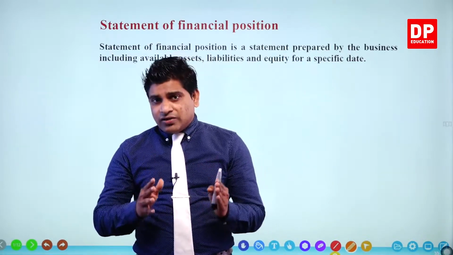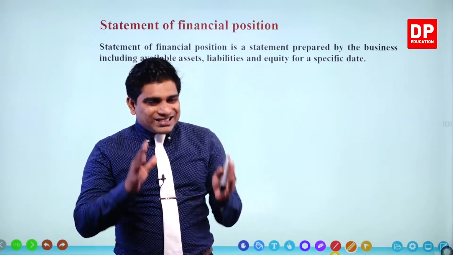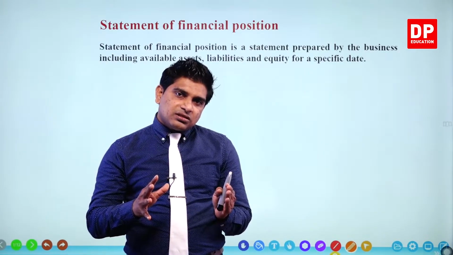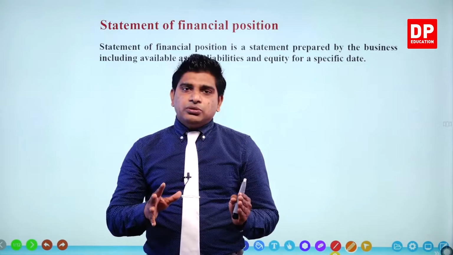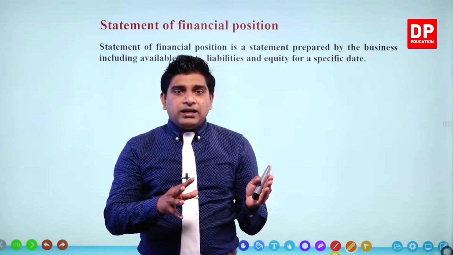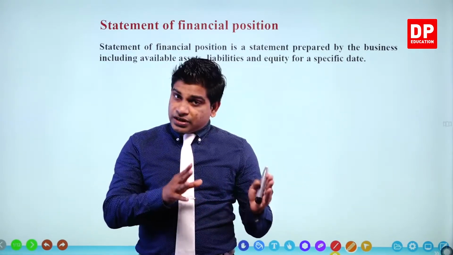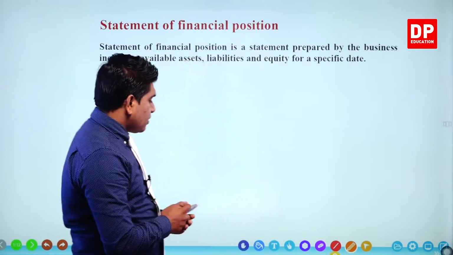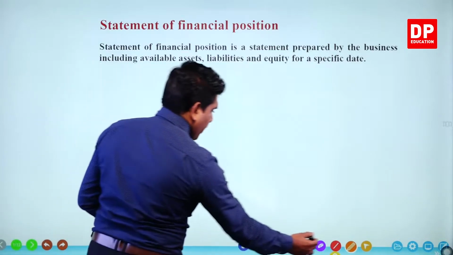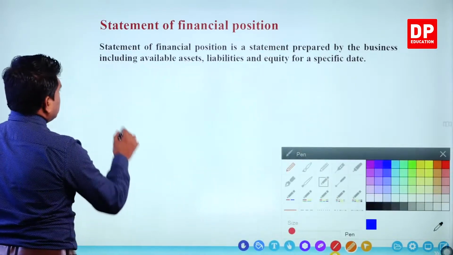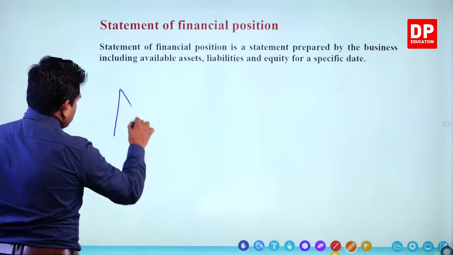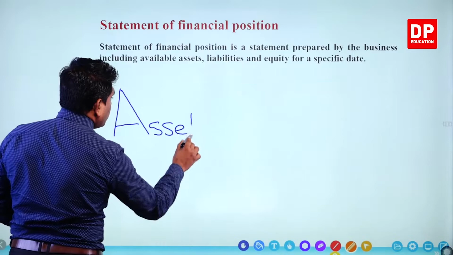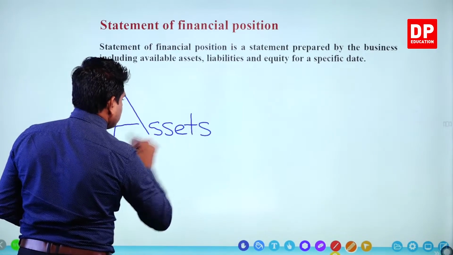The accounting equation says the total assets of a business should be equal to equity plus liability value. If you put your assets on one side, this side is assets. All the assets we can put on this side.